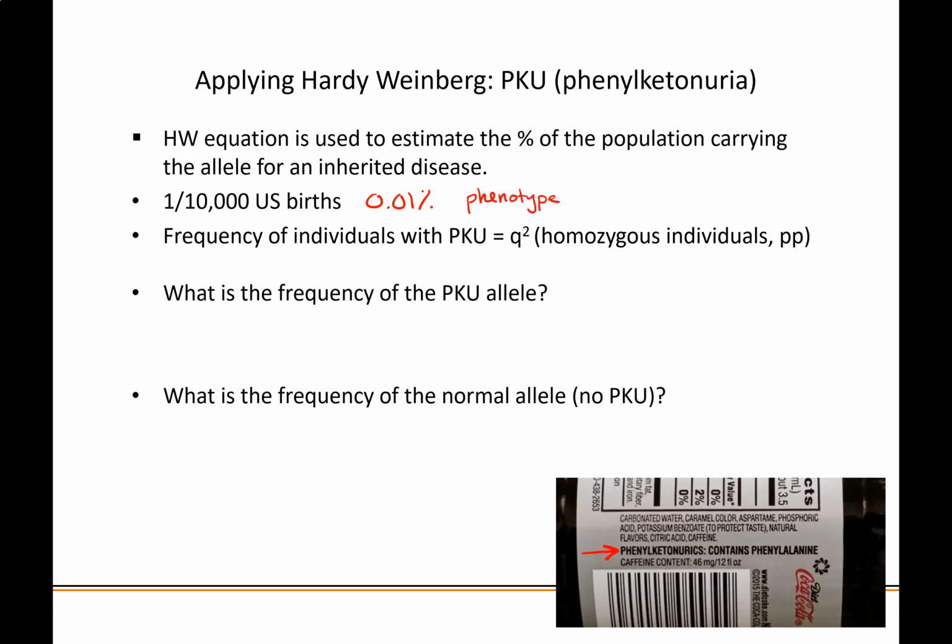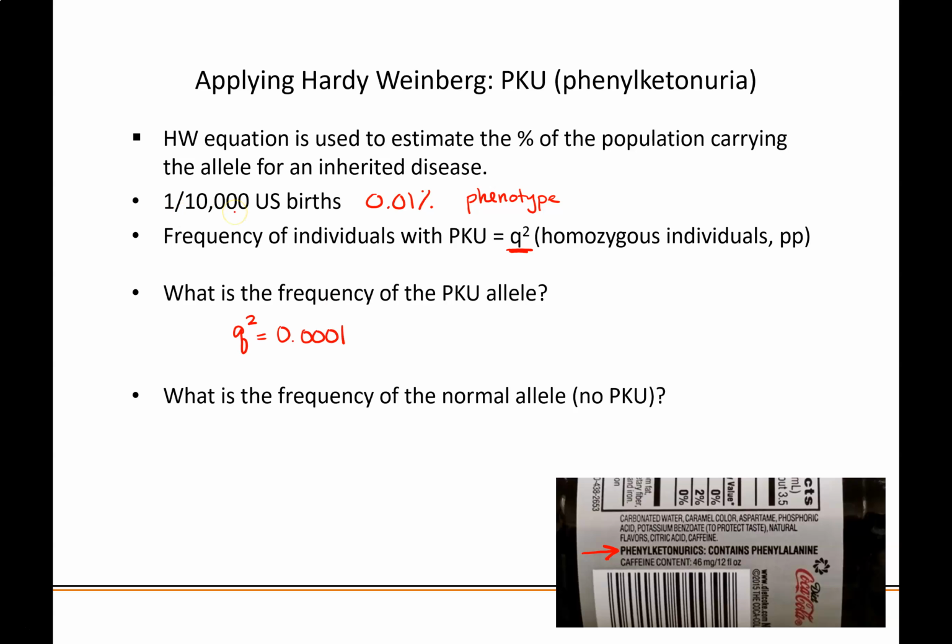So the phenotype of the recessive allele corresponds with q squared from our Hardy-Weinberg equation. So the first thing we need to do is determine the frequency of the PKU allele. Because q squared is equal to the frequency of affected individuals and also the frequency of homozygous recessive individuals, we can set q squared equal to 0.0001.